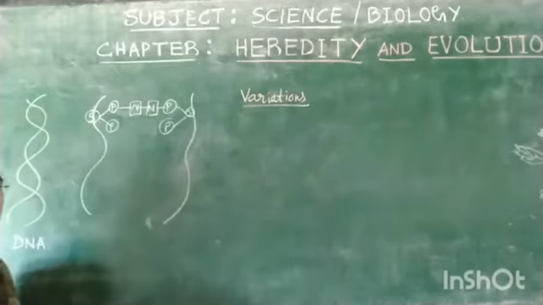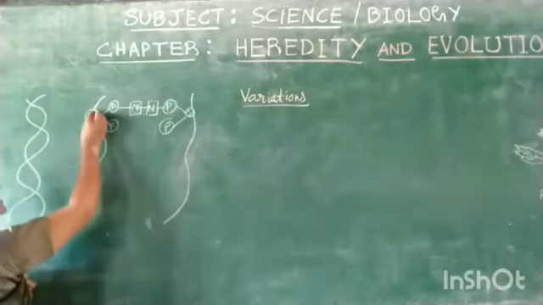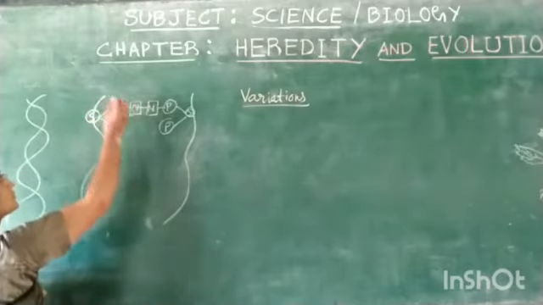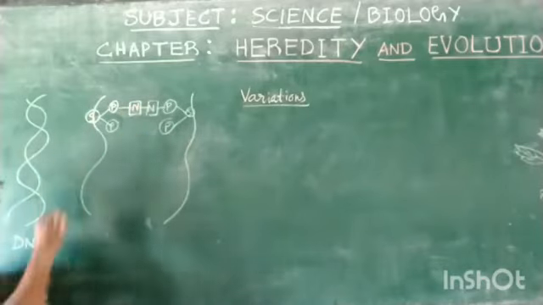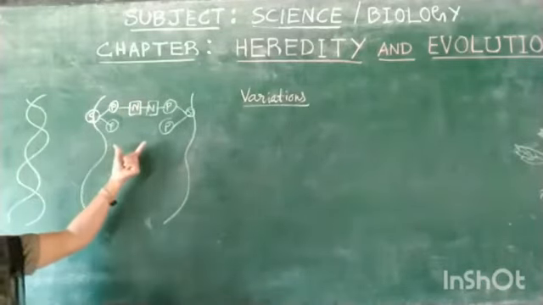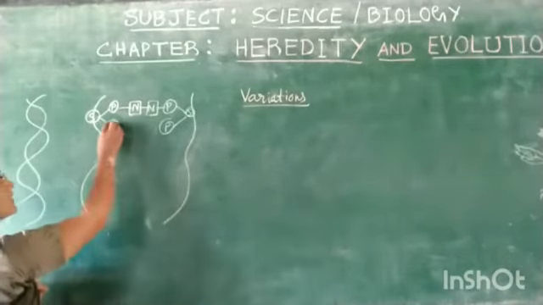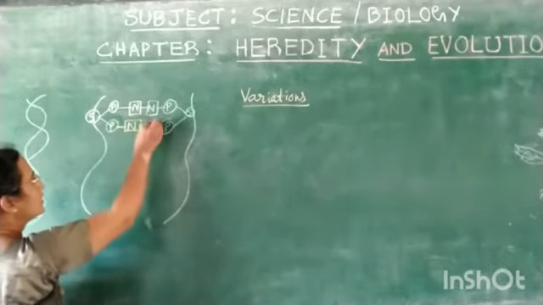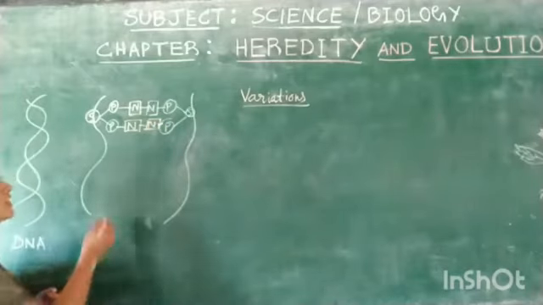When we look at the structure of DNA, there are three types of chemicals in it. One is the sugar group, this is the phosphate group, and these are the nitrogen bases. These three chemicals are arranged in this pattern. Here another phosphate group is there, another nitrogen base is linked to it, and that is linked to this phosphate group.